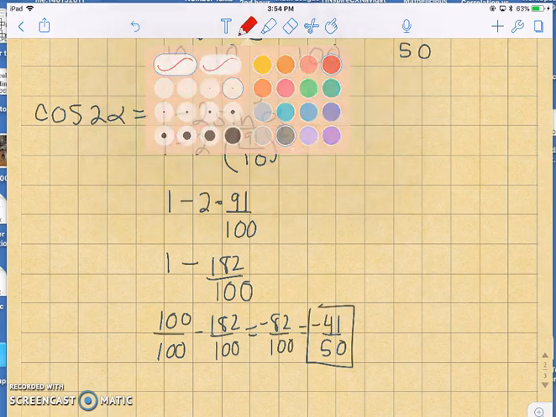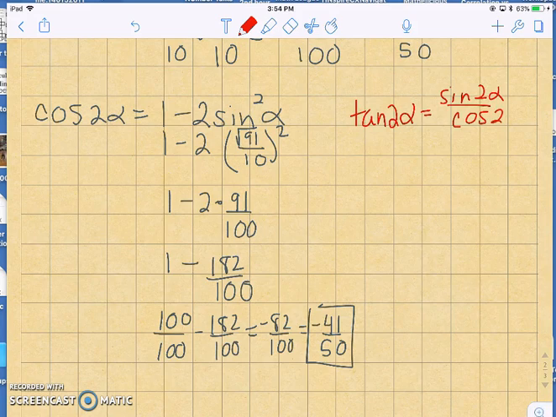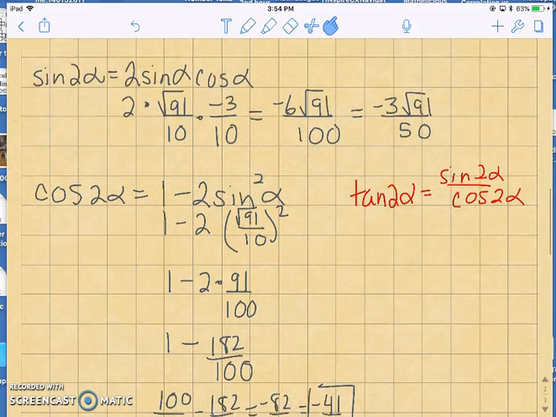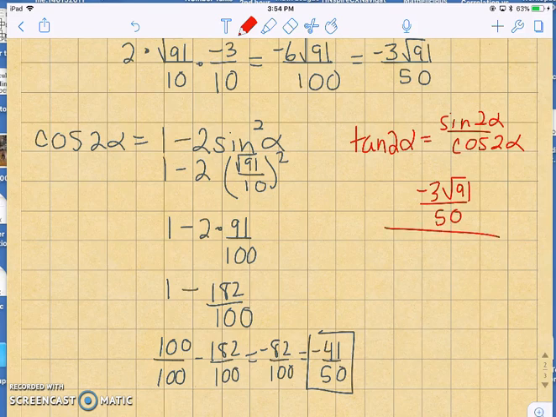And then I'll write the tangent over here. The tangent of 2 alpha is sine of 2 alpha over the cosine of 2 alpha, because it's y over x, sine over cosine. We did the sine up here, negative 3 the square root of 91 over 50, divided by our cosine, negative 41 over 50.